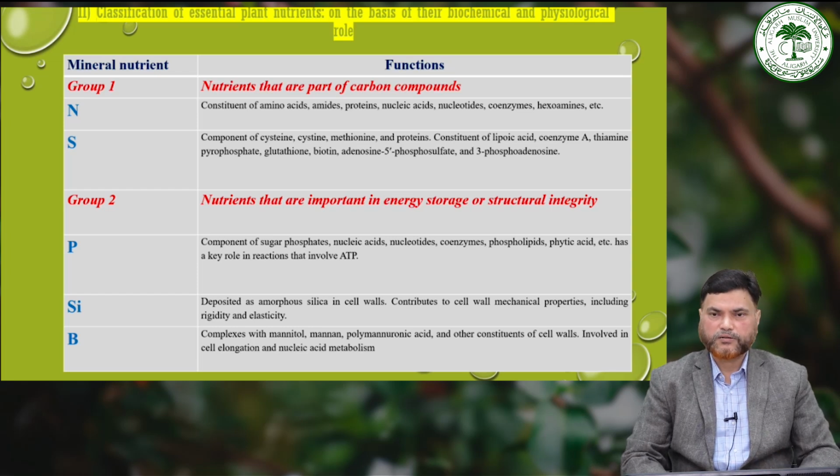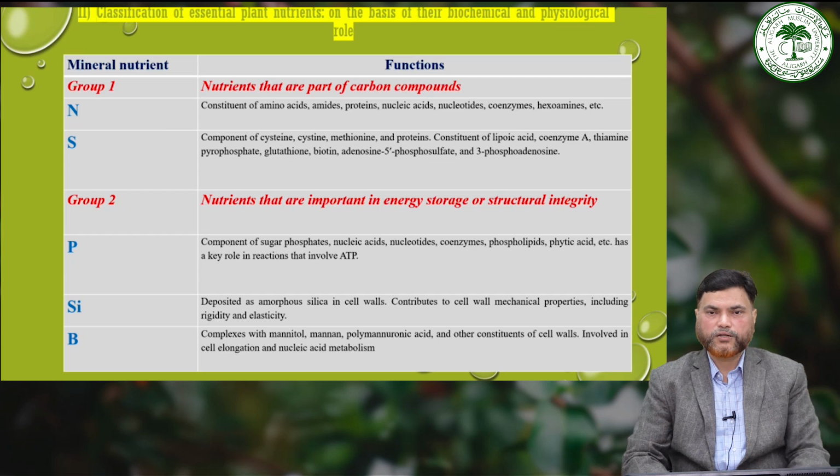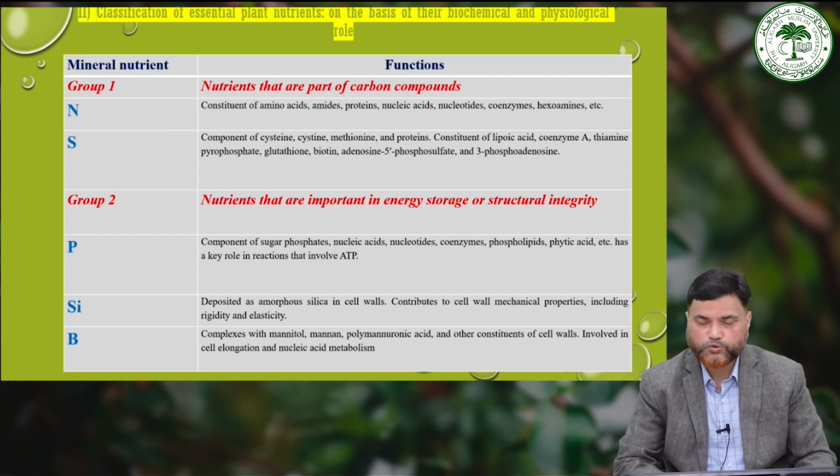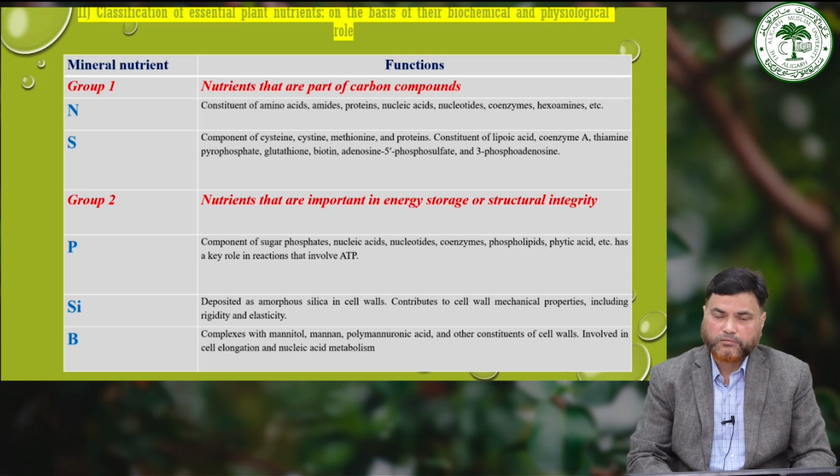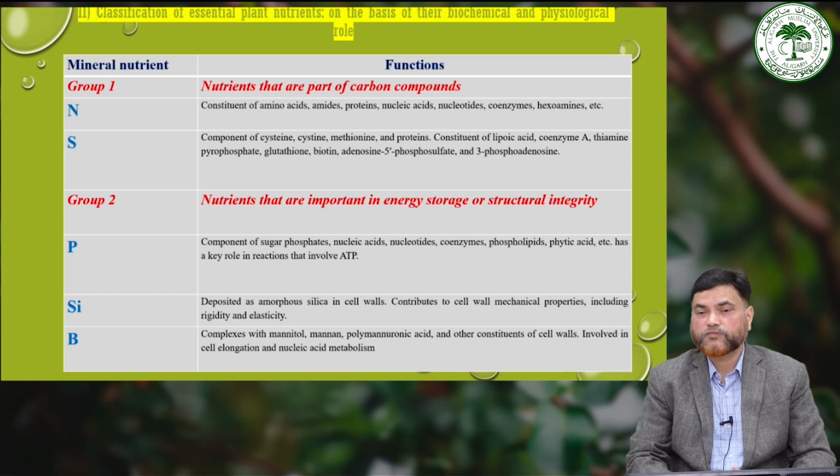For example, the mesophyll tissues of the leaves of the plant contain iron or manganese almost equal to sulfur or magnesium.